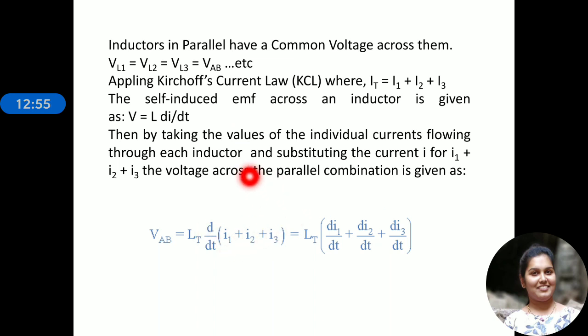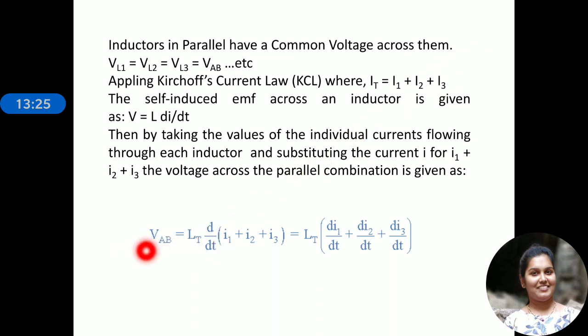So VAB is equal to LT into, instead of I in this expression, we write I1 plus I2 plus I3. So I write L as LT, the total inductance, and di by dt of I1 plus I2 plus I3.